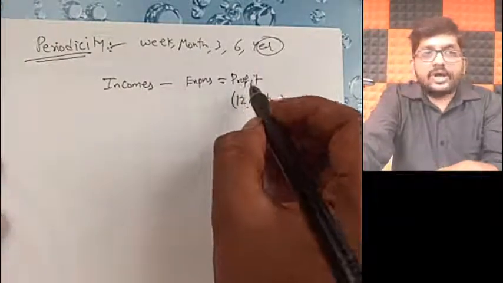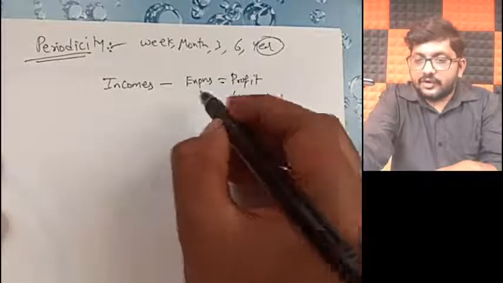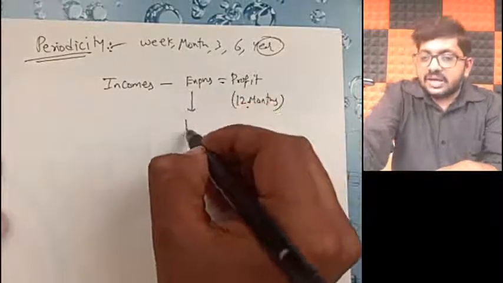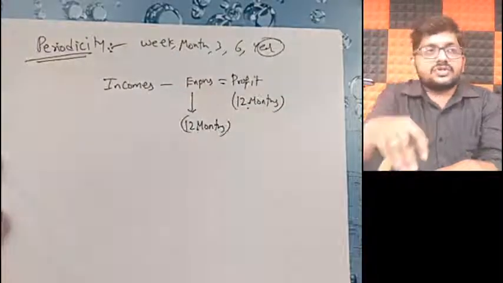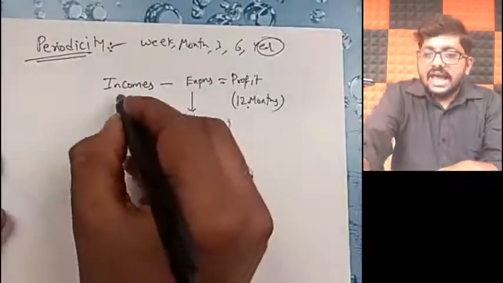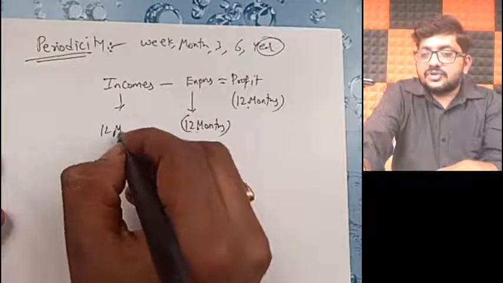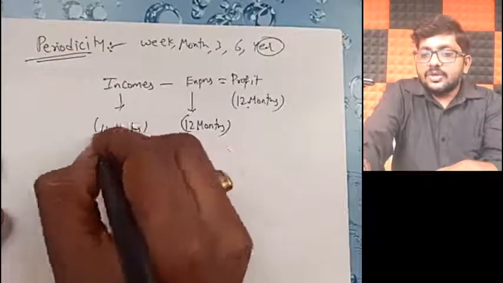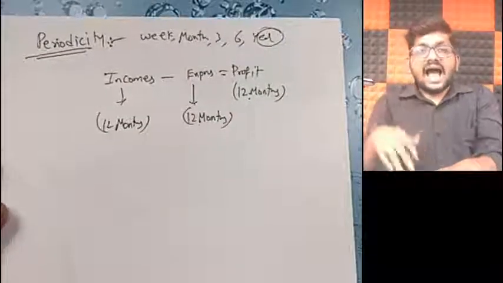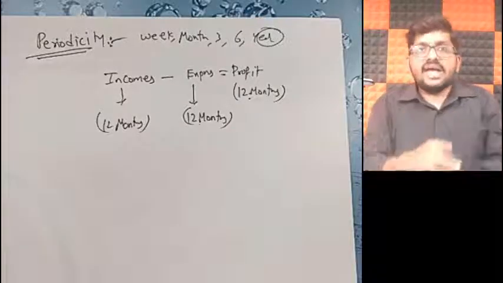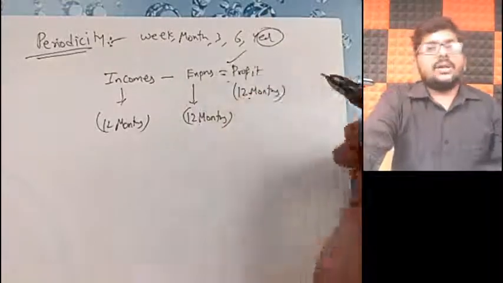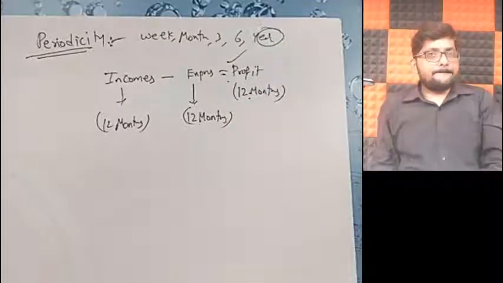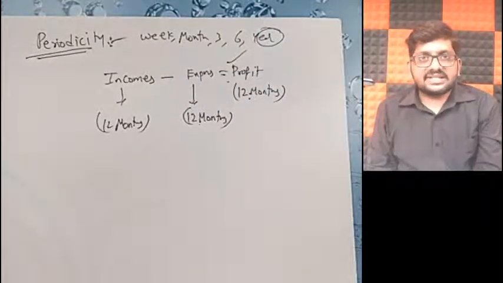Obviously, if you want to get profit for 12 months, the expenses that you are taking should also be for 12 months, as well as your income should also be for 12 months. Then only the profit that you are getting will be for 12 months, friends. Otherwise, no.